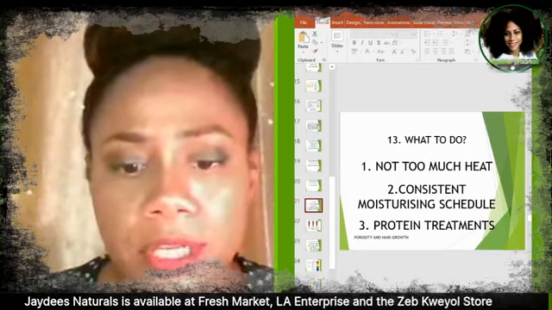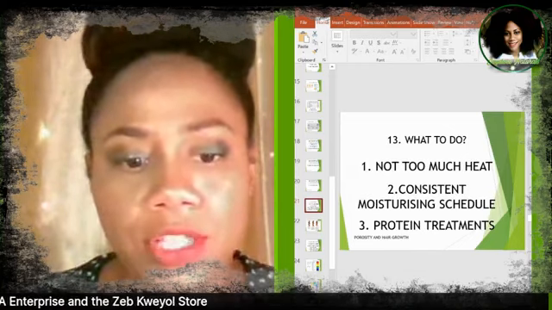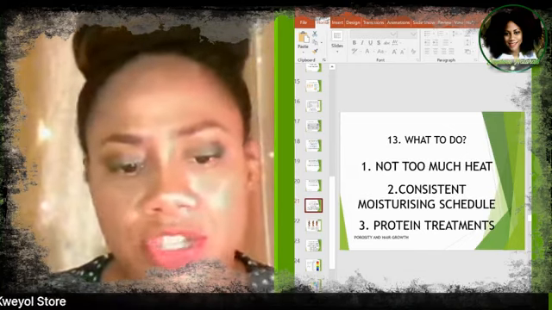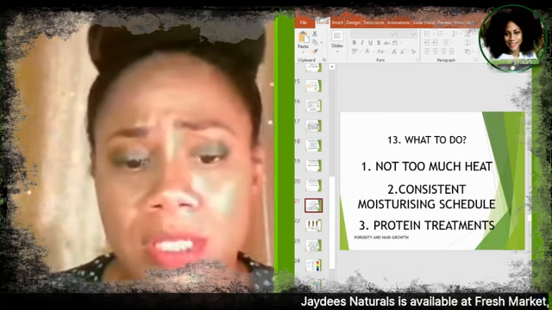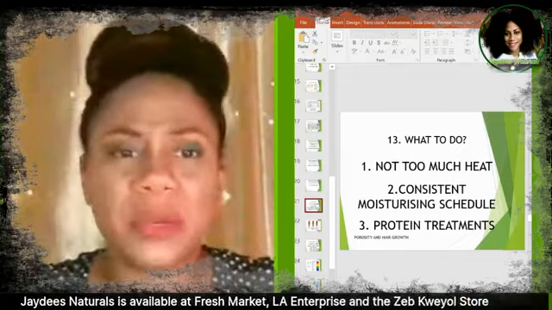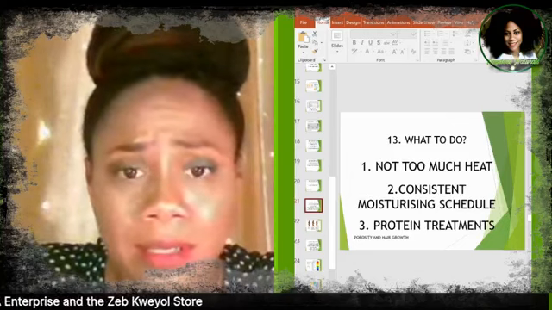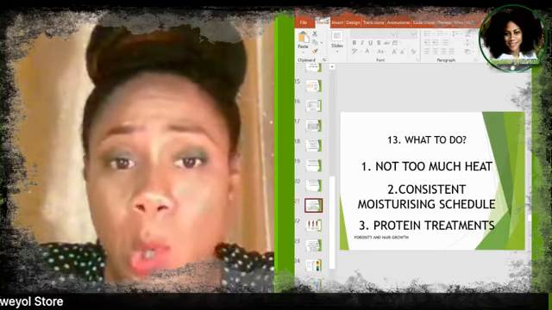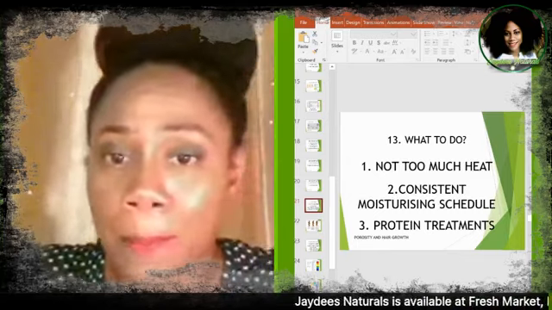They have a protein reconstructor and they have a two-step reconstructor. It's really expensive, like 90-something dollars, but it works. Those of you with fibros, let me tell you, when I first used that conditioner, I was like, oh my God. My hair didn't have any protein at all.